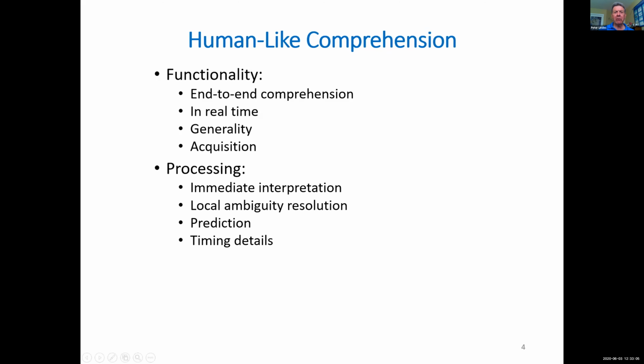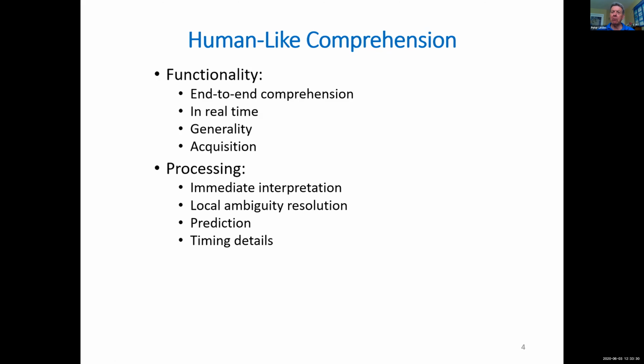Also, there are psychological experiments that tell us a lot about processing. Humans do something that's called immediate interpretation, which means when we see the meaning of a word or a phrase, we right away, we don't wait around till we get to the end of the sentence, we right away ground that incremental piece of meaning to our perception or our imagination or knowledge that we have.